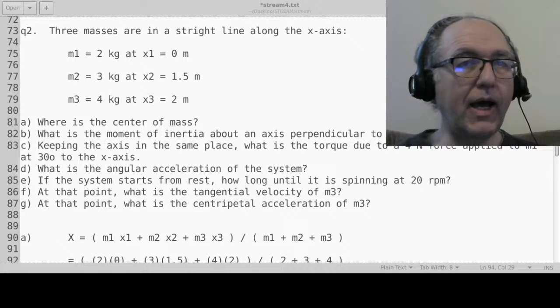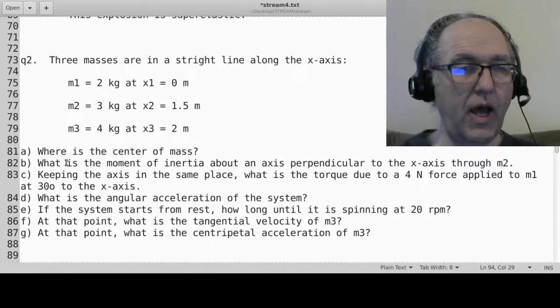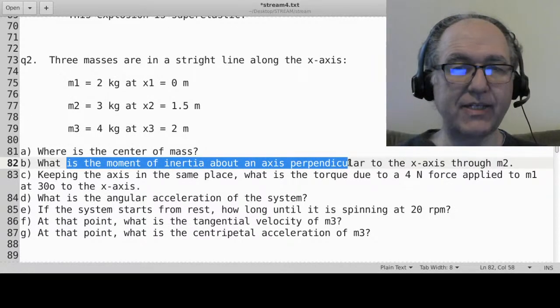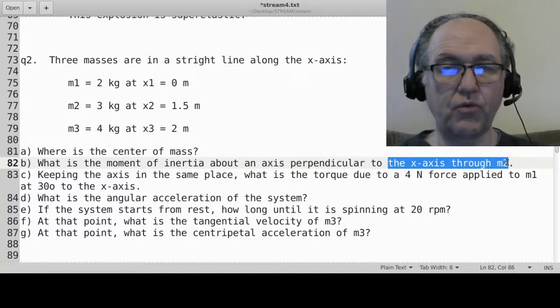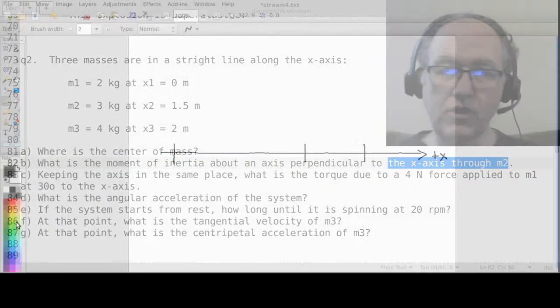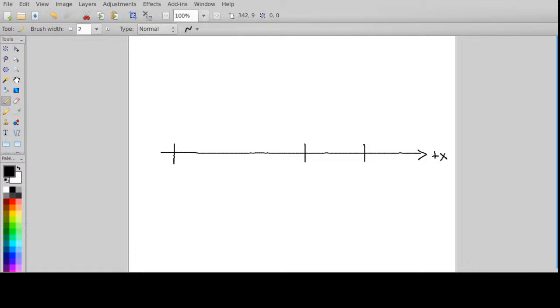The next one says, what is the moment of inertia about an axis which is perpendicular to the x-axis and through M2? So let me draw them in here again. This one's M1, this one was M2, and this one was M3.